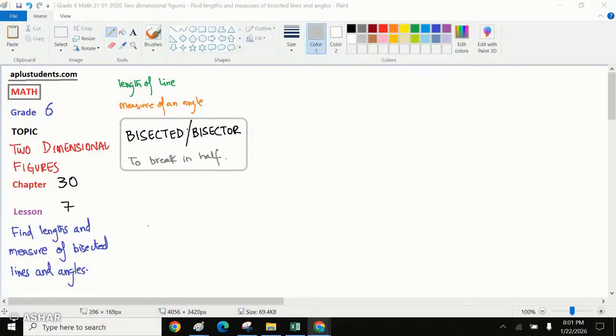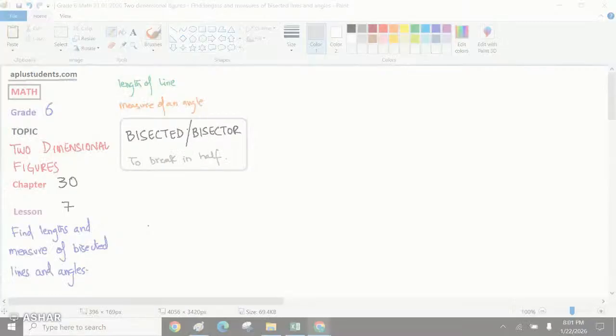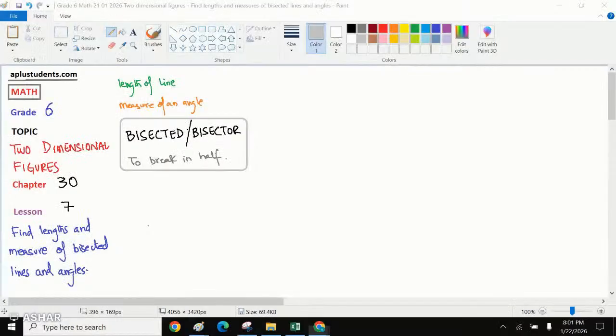So I'll just copy the first question and we'll see what we need to do over here, okay? I'll realign this first so that we can save our space.